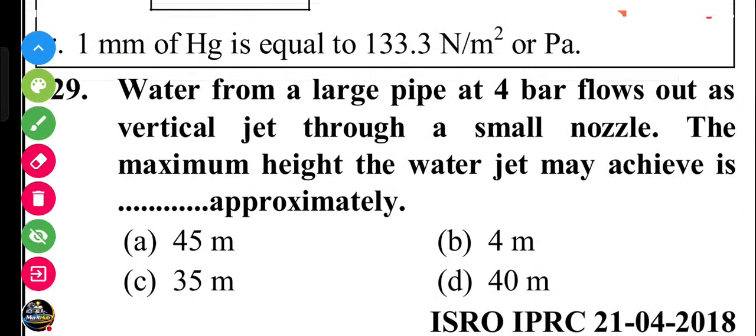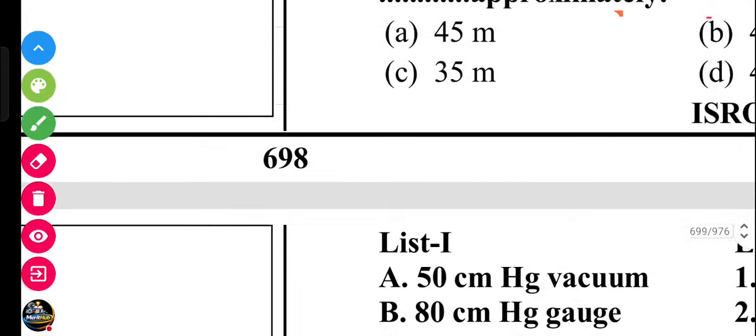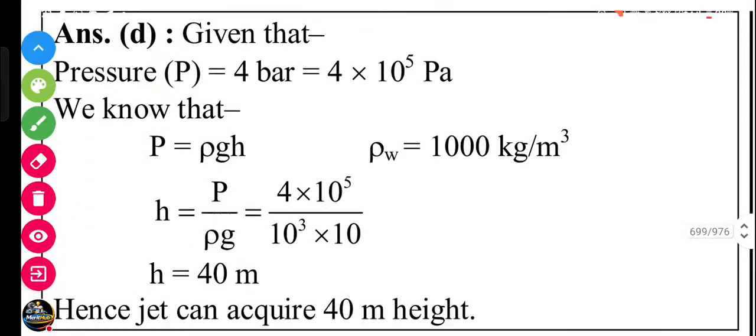Next question. Water from a large pipe at 4 bar flows out as a vertical jet through a small nozzle. The maximum height the water jet may achieve is approximately what? P equals rho g h.